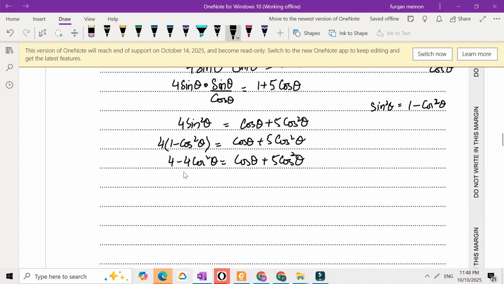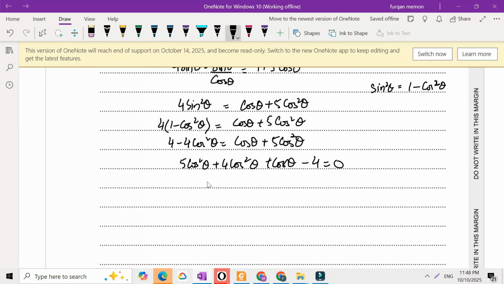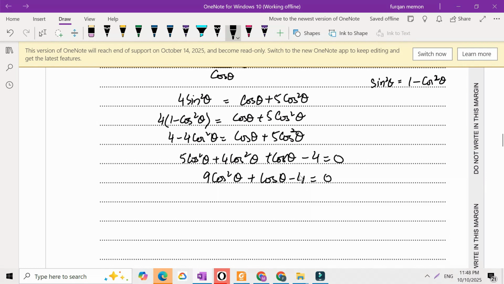So when we switch the left side terms to the right side, it will be 5 cos square theta plus 4 cos square theta plus cos theta minus 4 equals 0.